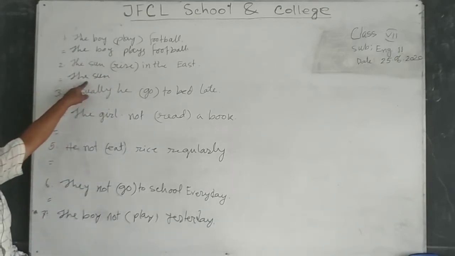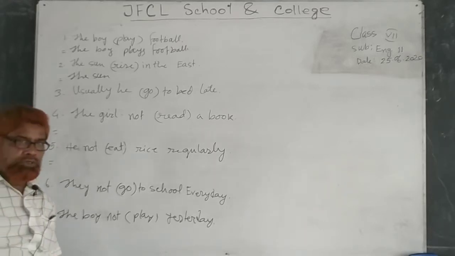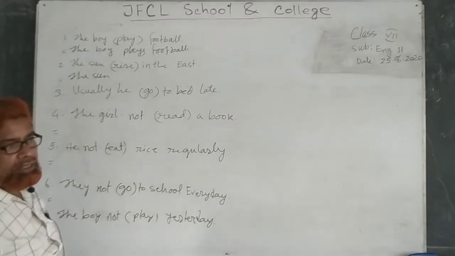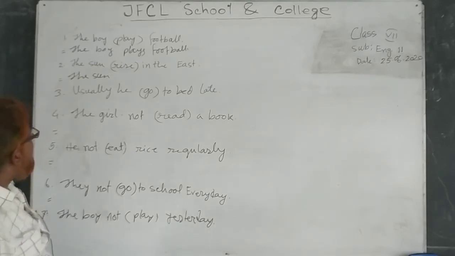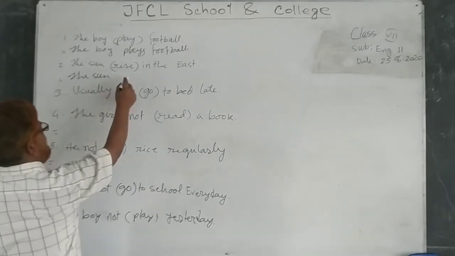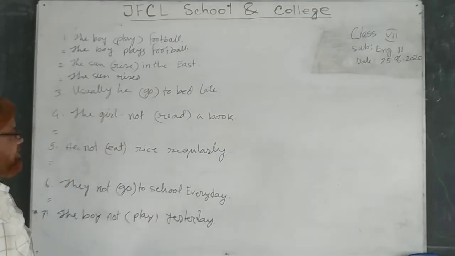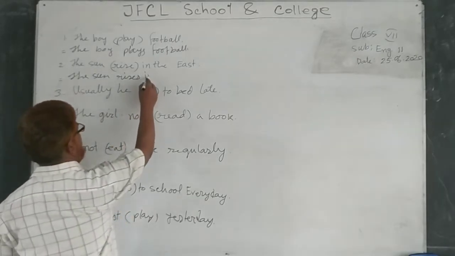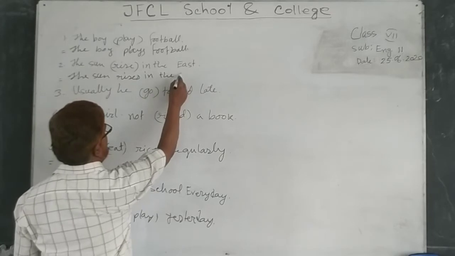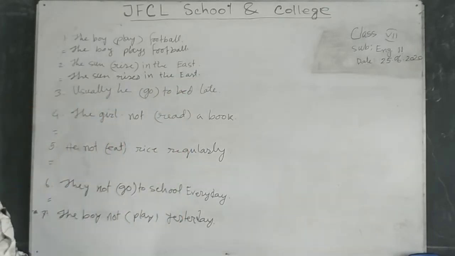The sun is third person singular number. We know that if the subject is in third person singular number, we use S or es with the verb. The sun rises in the east.